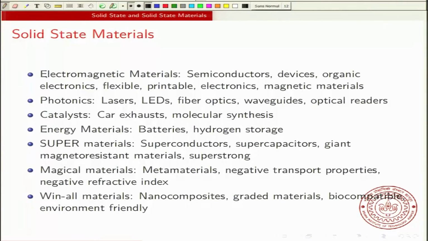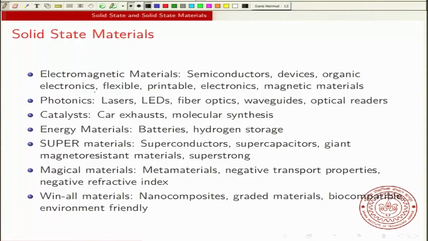So there is a whole range of solid state materials which I have put as electronic and magnetic materials. Right from semiconductor devices, nowadays there is a lot of interest in organic electronics. You might have seen some advertisements where they say that your TV screen is organic LEDs.